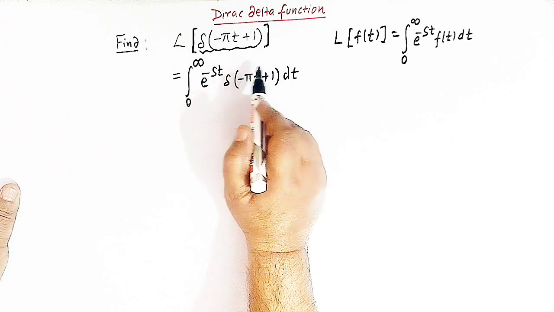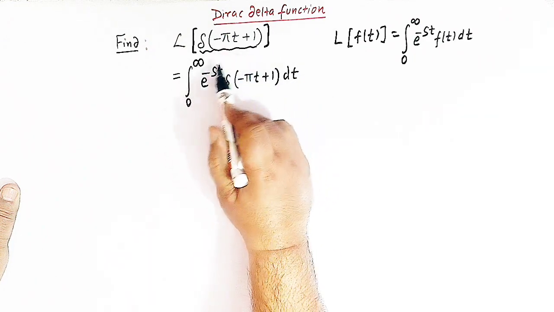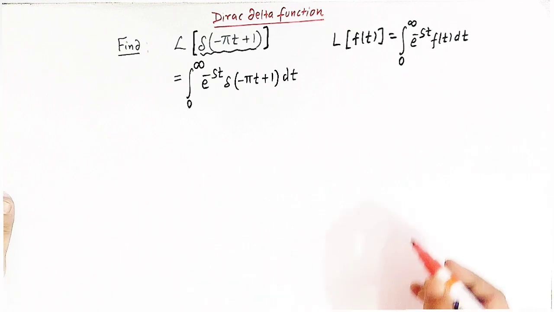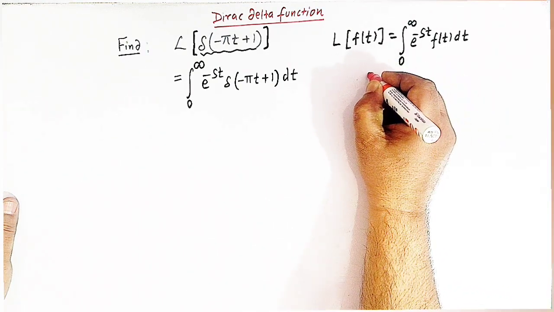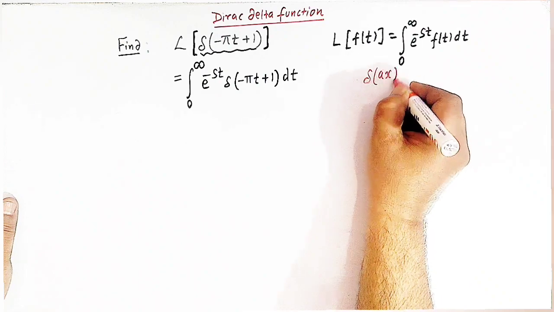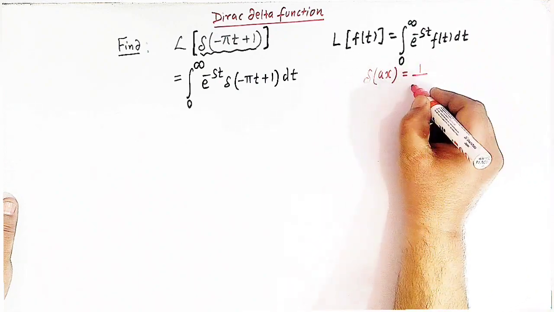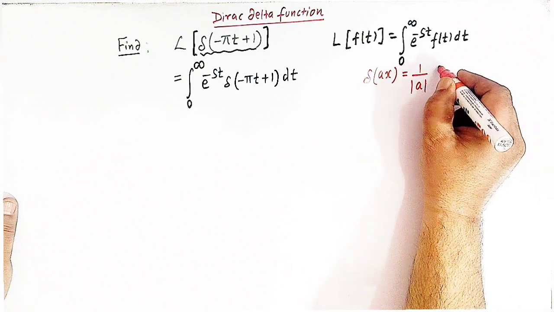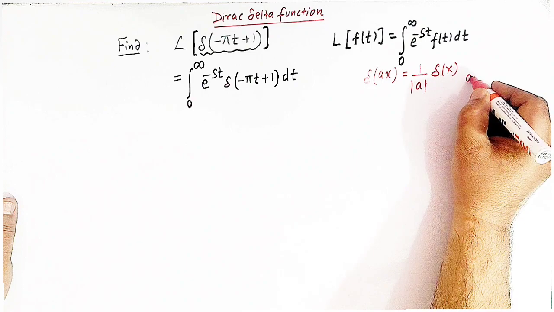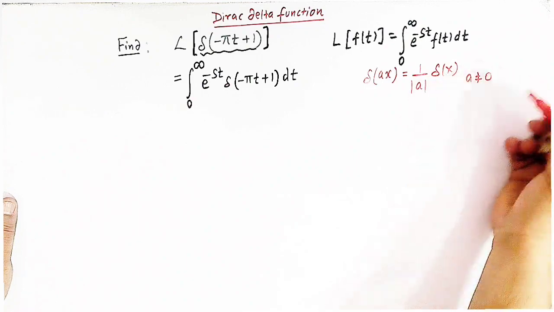Now we have to find the value of this integral using the definition and property of Dirac delta function. An important property is that delta of ax is given by 1 over the absolute value of a times delta of x, where a is not equal to 0.